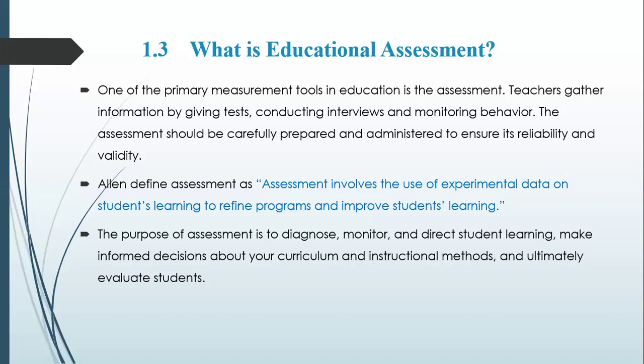Therefore, even if we prepare our assessment carefully with reliability and validity, there may be some uncontrollable problems in the system. As educators, we have to be aware of those things that are the main drawback of our education system.